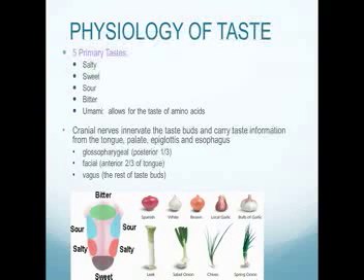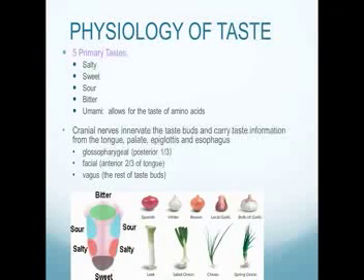The facial nerve innervates around the anterior portion, about two-thirds of the tongue. And then you have the vagus nerve. The vagus nerve is going to innervate really the rest of the tongue. I should say the rest of the taste buds found within the tongue.